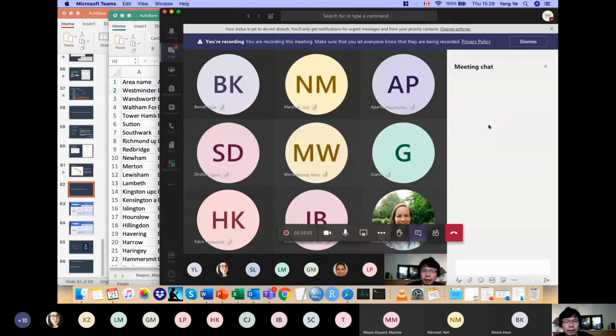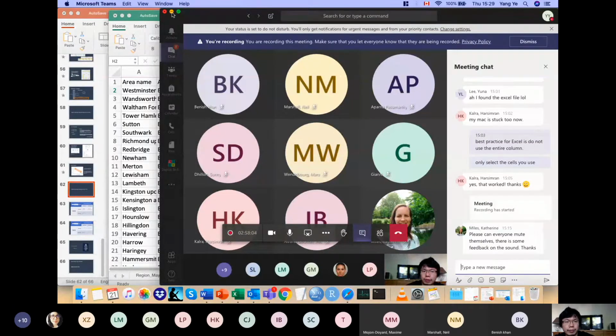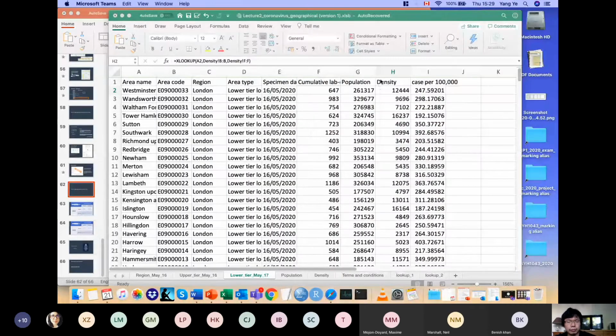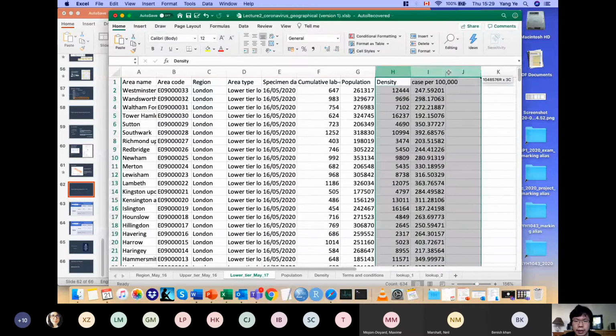I think somebody asked a question, or nope. Okay, so now I'm interested in whether density is associated with this population controlled infection, right?